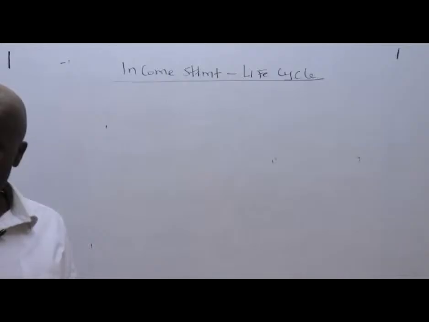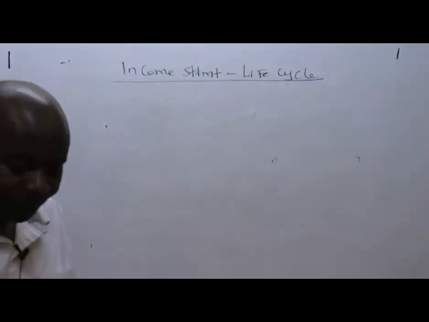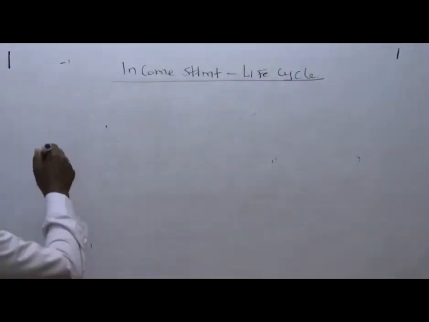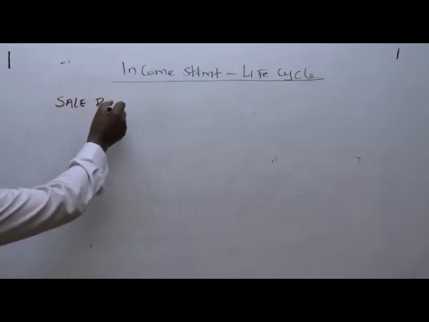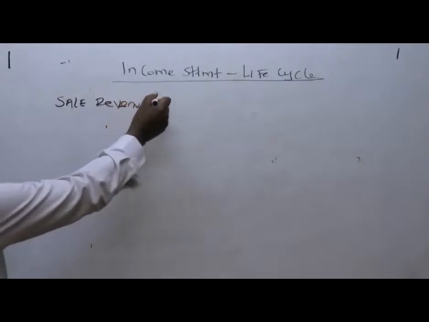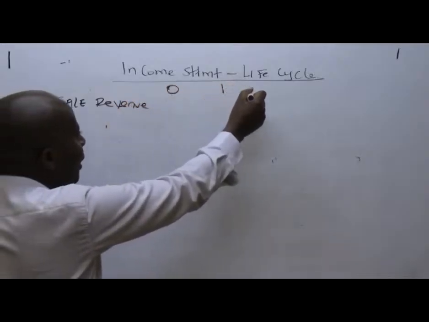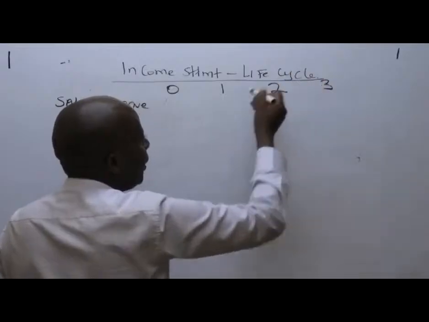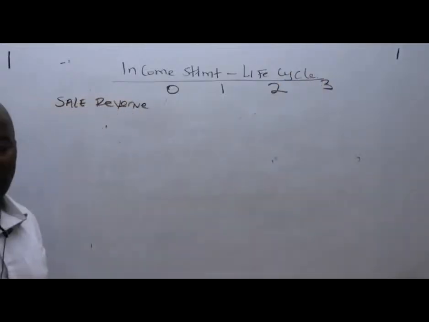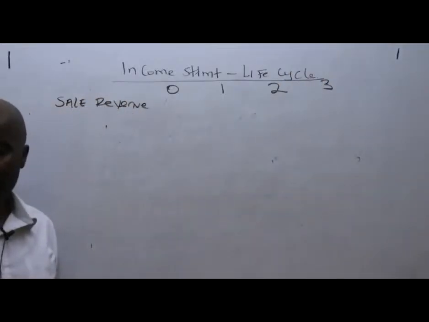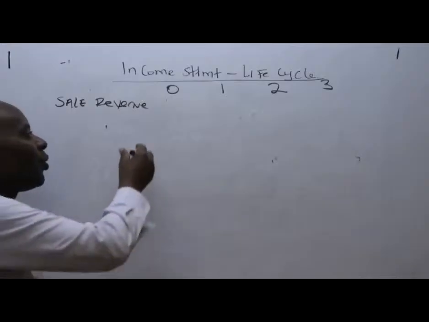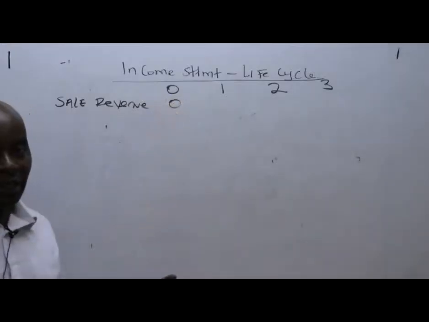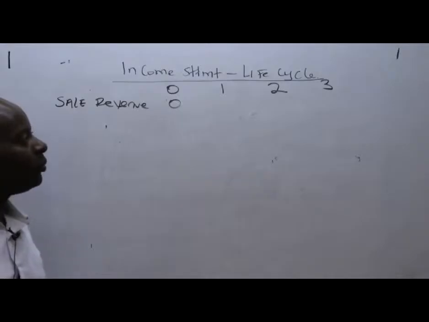So we start with sales revenue. We have year 0, 1, 2, 3. Right? So for sales revenue, of course, year 0, at time 0, we haven't started selling. So revenue there will be 0.